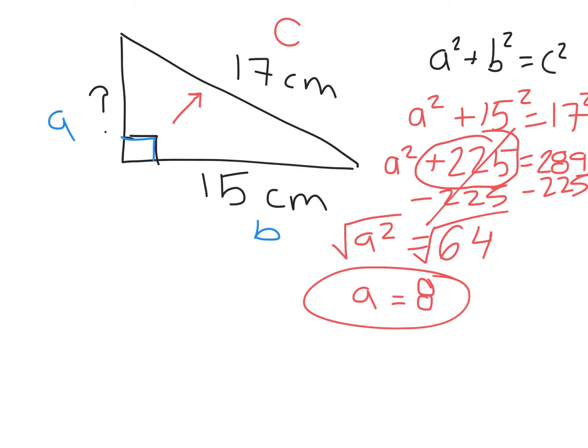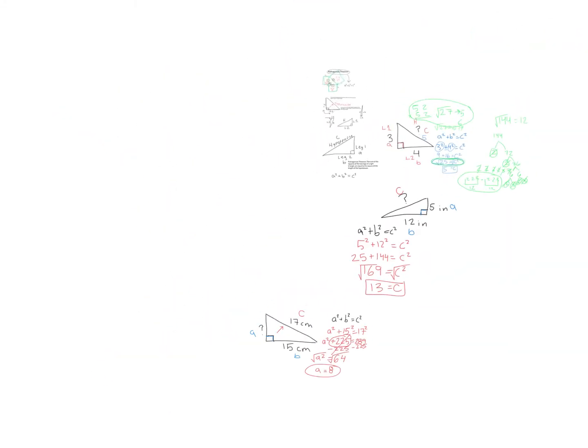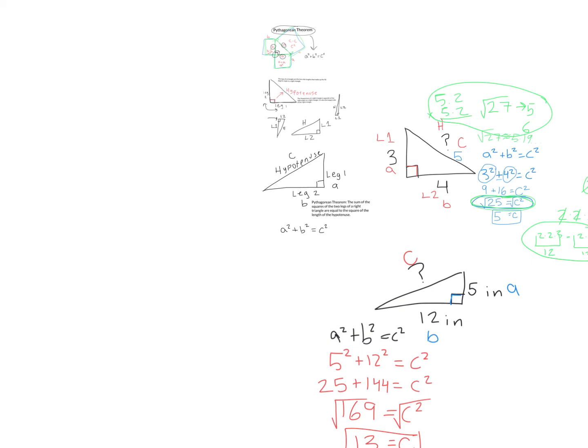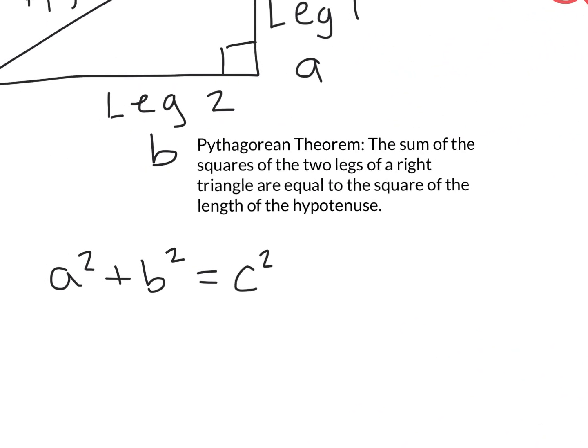Okay, let's talk about one more thing here, which is the converse of the Pythagorean theorem. The Pythagorean theorem tells us that the sum of the squares of the two legs of a right triangle is equal to the square of the length of the hypotenuse, which means that A squared plus B squared equals C squared.